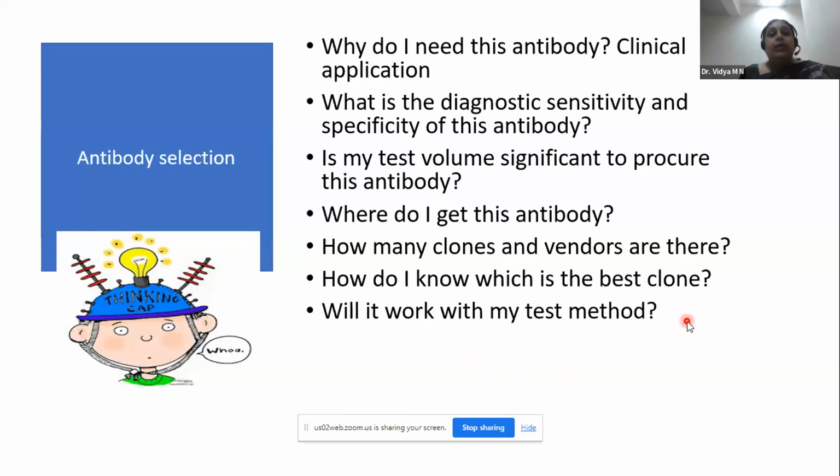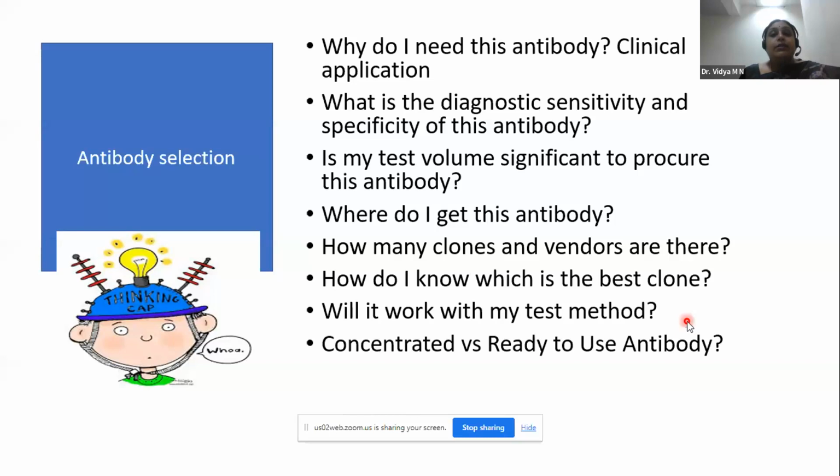So I don't think there is any lab which can confidently say, okay, I'm 100% automated. It is just not possible, because during your process of standardization itself, many antibodies may not work on your automated platforms, and you need to go back and see and change the buffers, your incubation times, etc. on your manual tests.